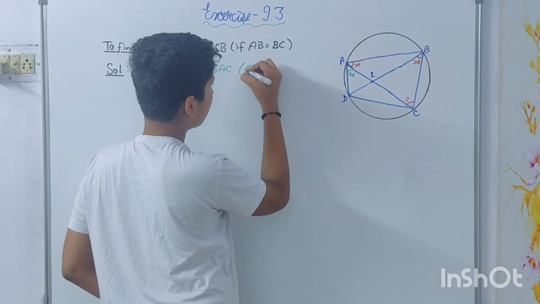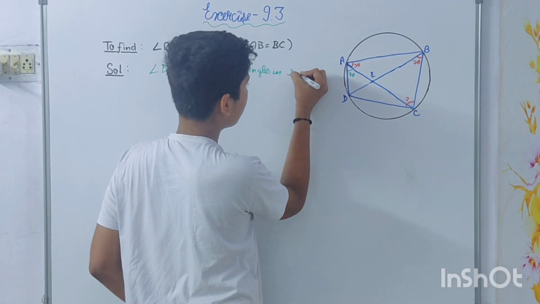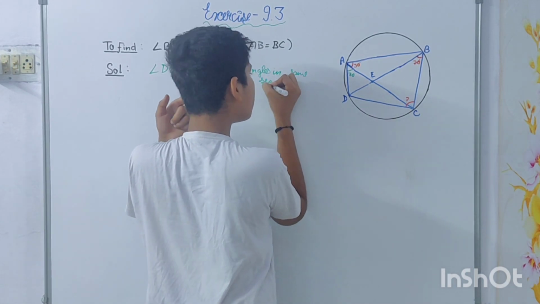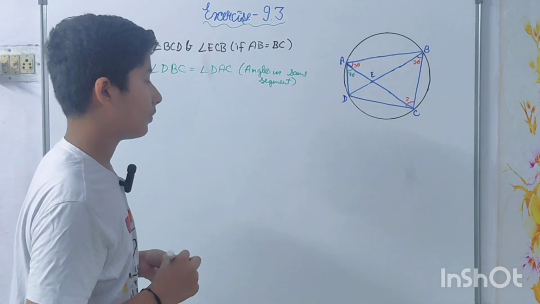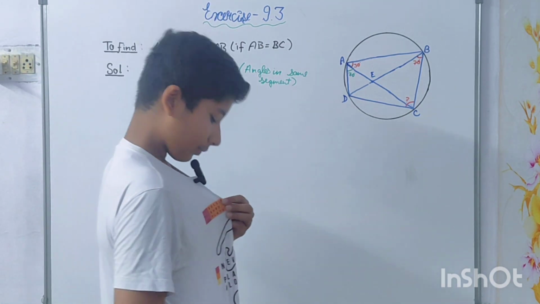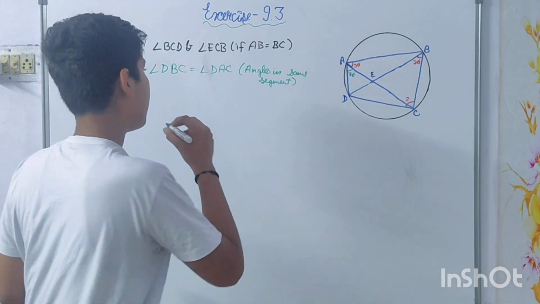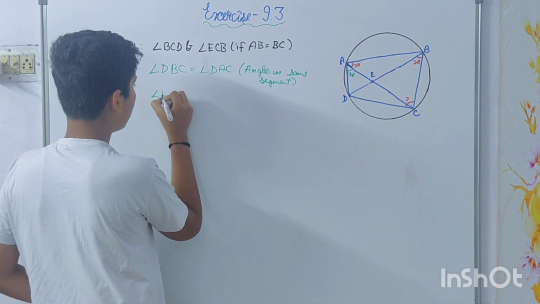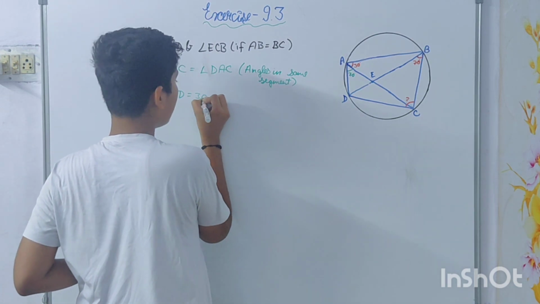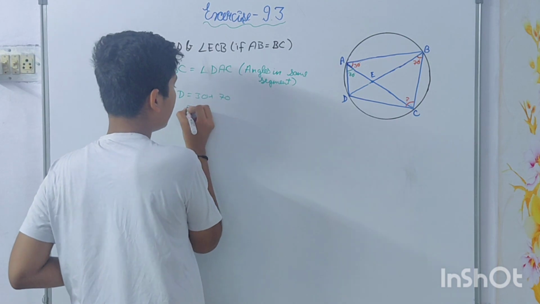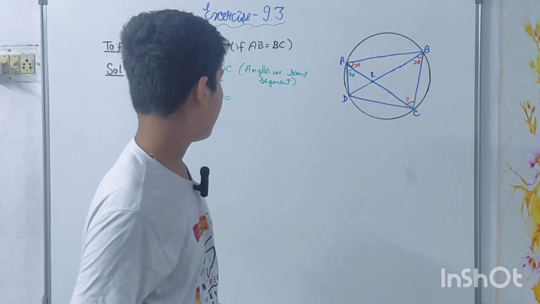Reason: angles in the same segment. Which means that this whole angle would be 100 degrees, angle BAD equals 30 plus 70, which is 100 degrees.